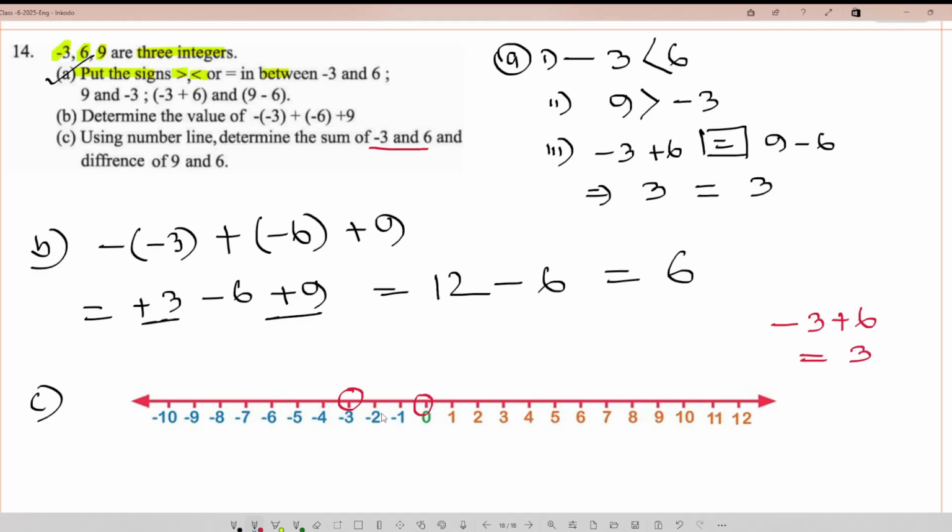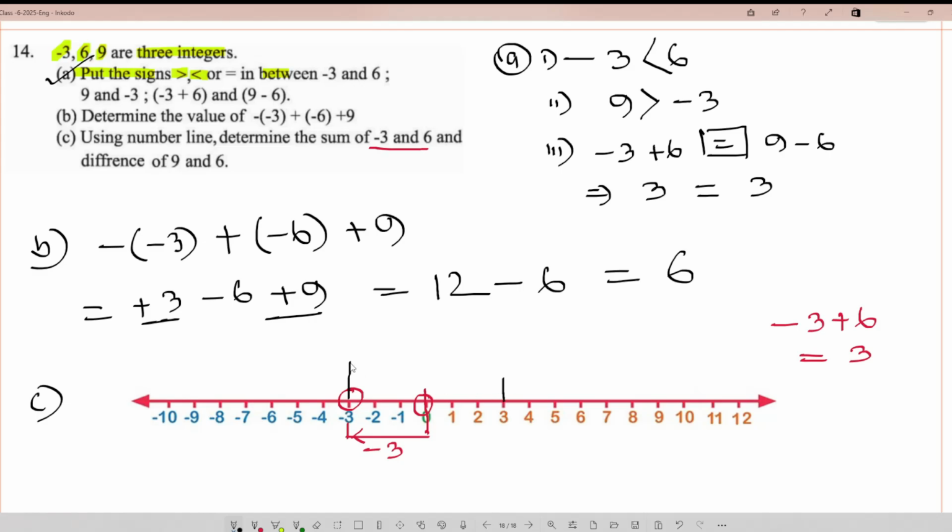So now check, 1, 2, 3, 4, 5, 6. So first one we had make this one, what? This is minus 3, and now 6. So 1 2 3 4 5 6.